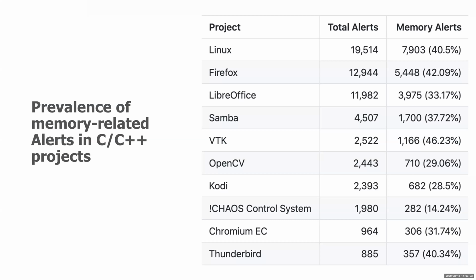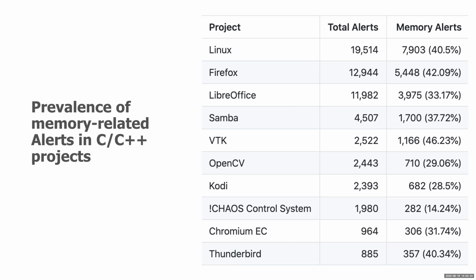So before we get into more of the technology details, let's talk about the problem that we're trying to solve. This data came from an NC State report that is not yet published, but we got a pre-published copy of the data. They went through a variety of open source projects, the Linux kernel, Firefox, Samba, LibreOffice, etc., and analyzed the alerts that static analysis tools had found for those projects.